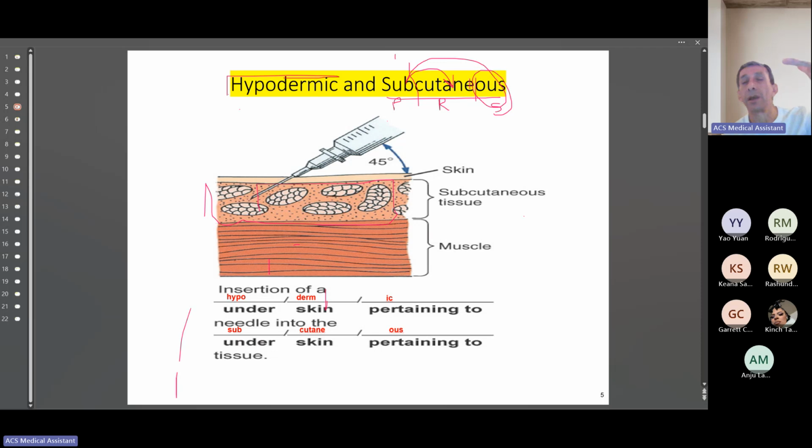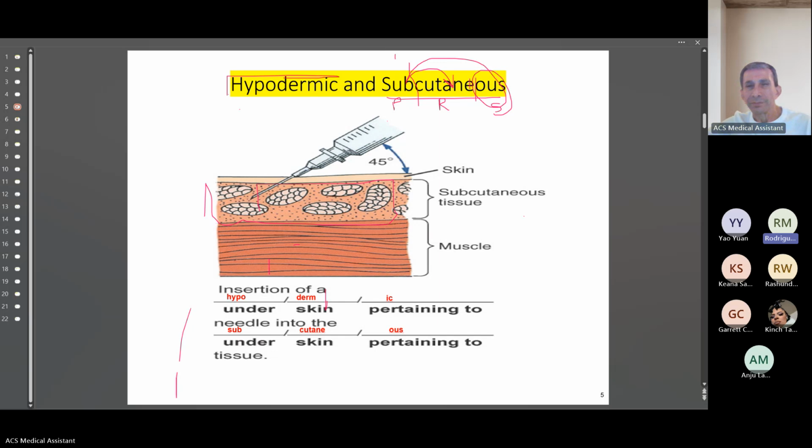Remember, we have epidermis, dermis, subcutaneous; epidermis, dermis, hypodermic. So that's how it's called. So they have two names, or fat tissue, which is the same. But fat tissue will be the translation to English. But subcutaneous, underneath the skin. Remember, sub, under; cutaneous, skin; hypo, under; derm, skin.